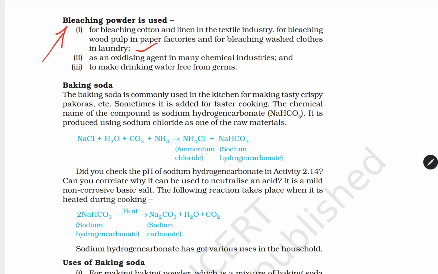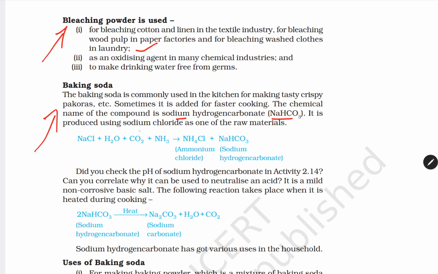Coming next is baking soda. It is commonly used in the kitchen for making tasty crispy pakoras. Sometimes it is added for faster cooking also. So how is it prepared, what is the composition? Baking soda means sodium hydrogen carbonate, NaHCO3.